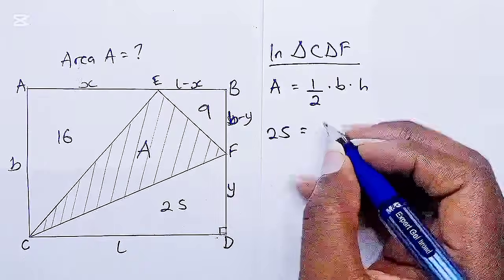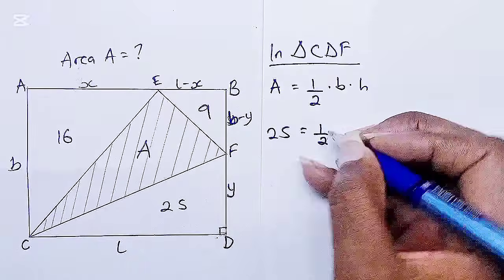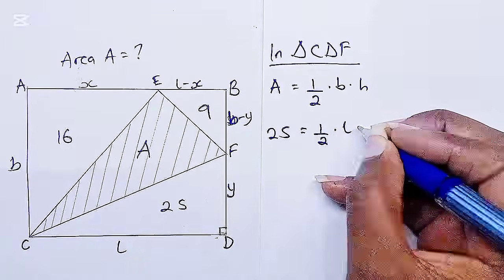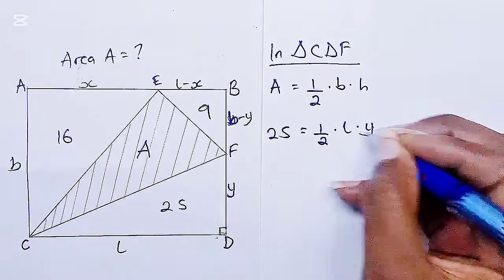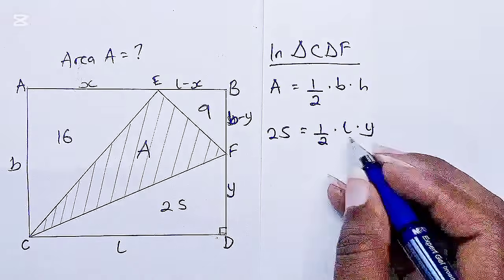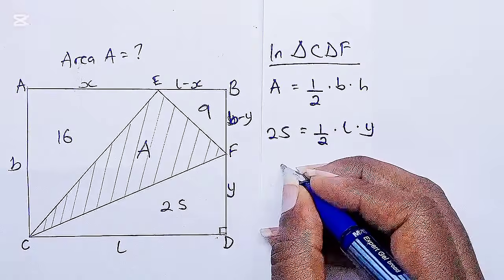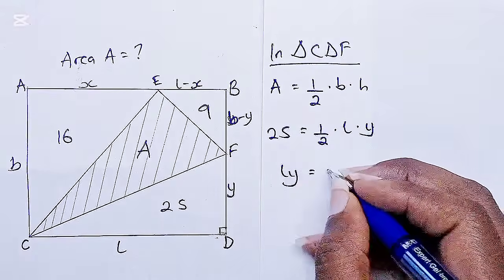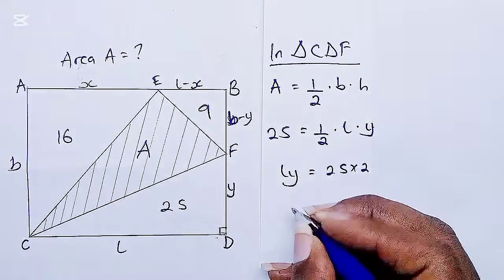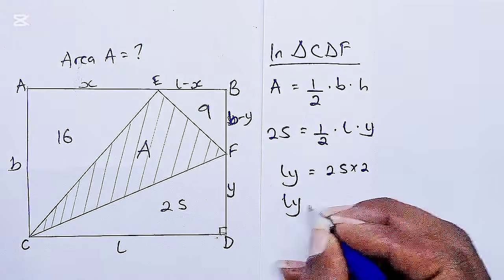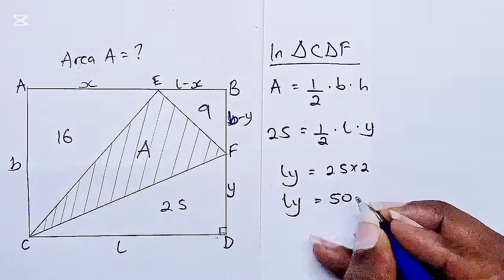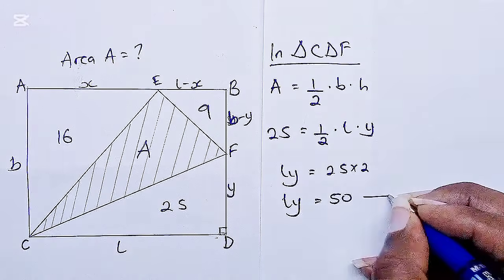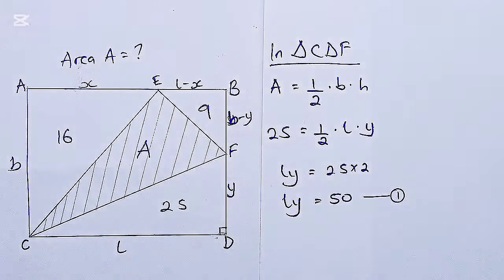So 25 is equal to a half times the base, which is L, times the height, which is Y. Making LY the subject, LY is equal to 25 times 2. Therefore, LY is equal to 50. Let's call this equation 1.